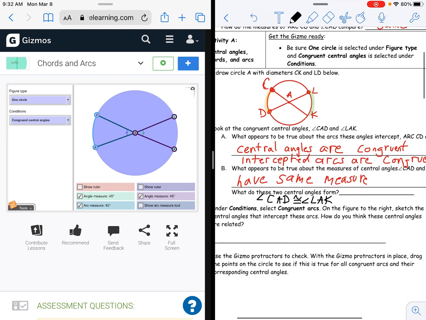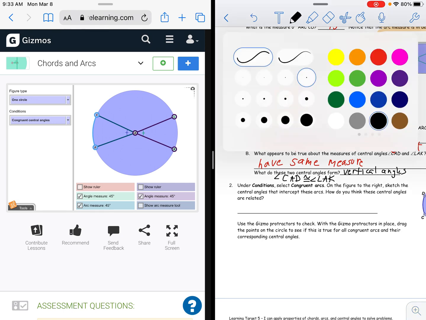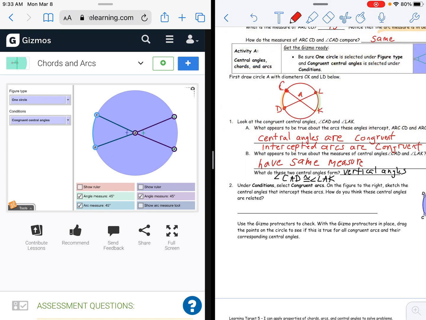These central angles are congruent. Right now they are vertical angles, but that's just in this specific case. Central angles don't always have to form vertical angles, but right now they do.